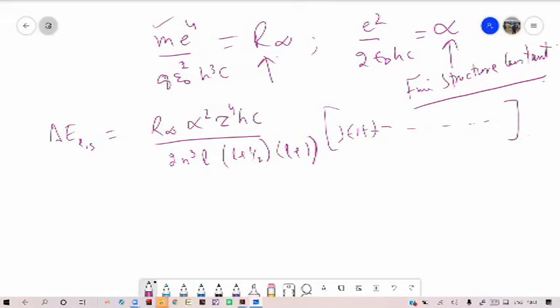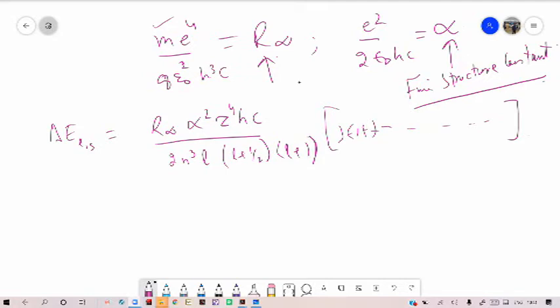Because of this interaction, which is a perturbation of another field, there is a shift in the energy levels; the energy levels will change.